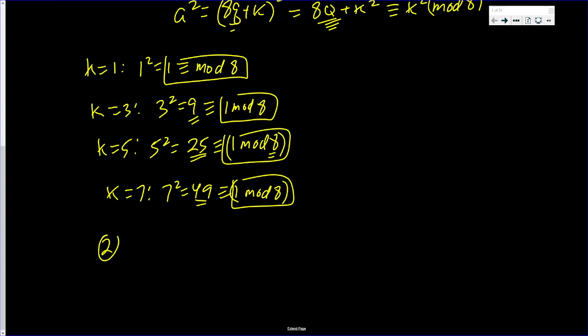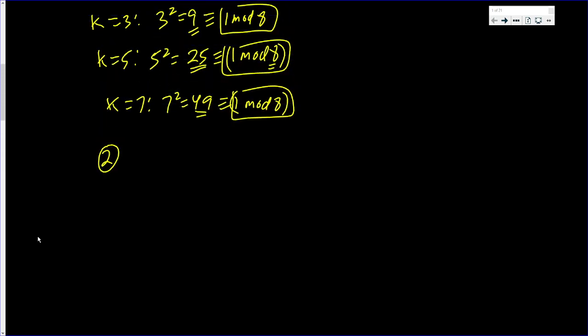So modulo 9. One moment, please. So in mod 9, a complete residue system would be 9q, 9q plus 1, 9q plus 2, all the way up to 9q plus 8.